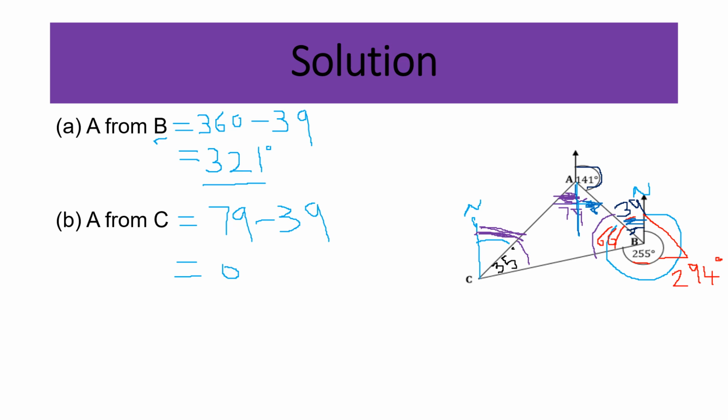Remember, we are writing our answers in bearings in 3-figure digits. So this is our answer for A from C.